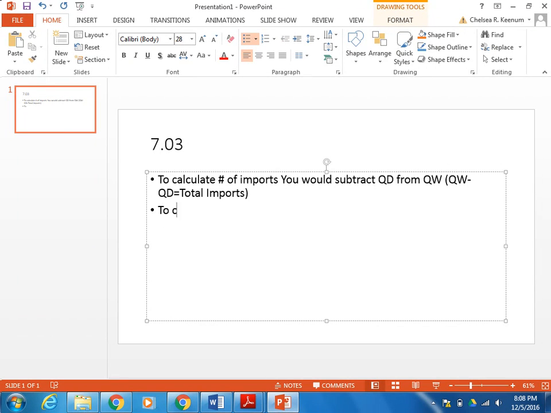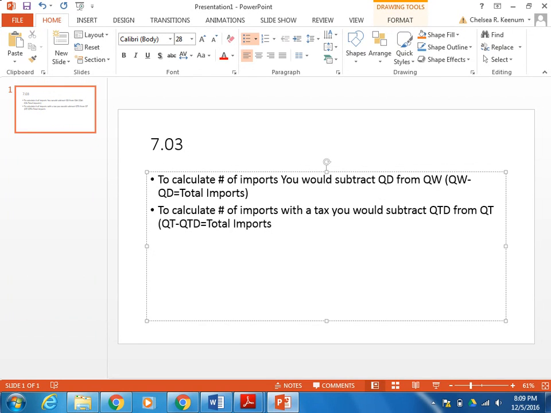Okay, to calculate the number of imports with a tax, you would subtract QTD from QT. So it's going to be QT minus QTD equals total imports.